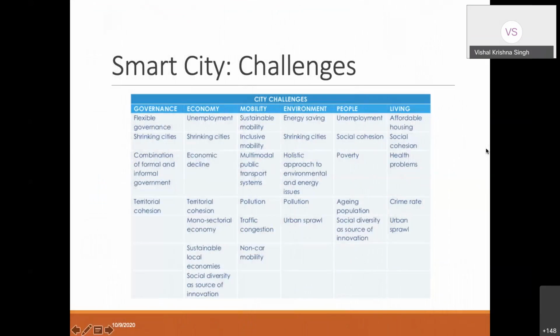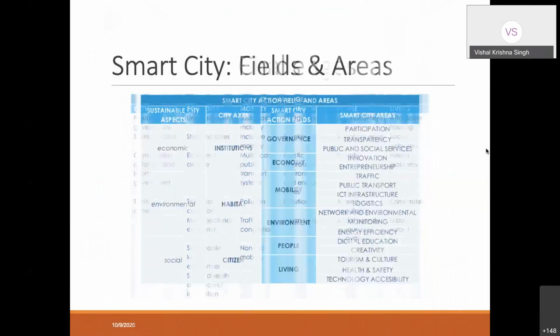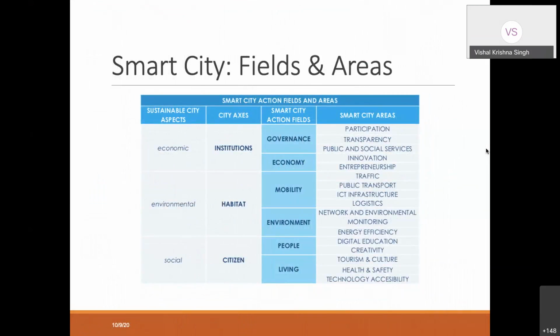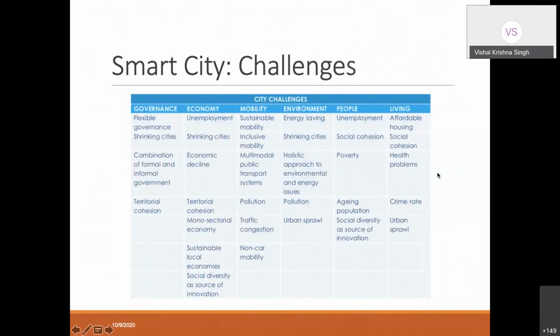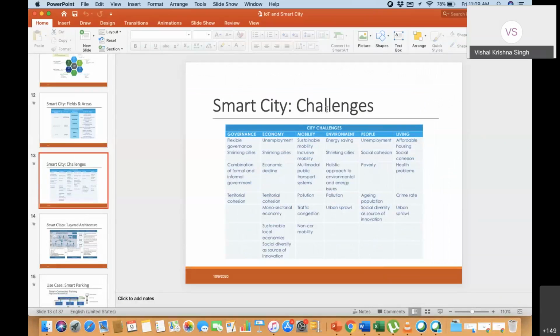So as I was saying, the smart cities application areas are many, and all these enablers and all these. Is there a problem at my end? Anubhav, can you help me over here?